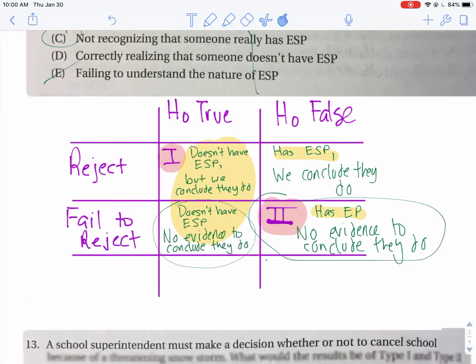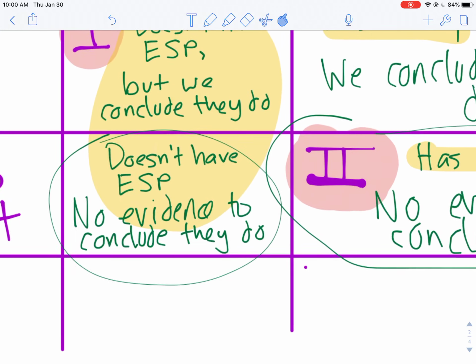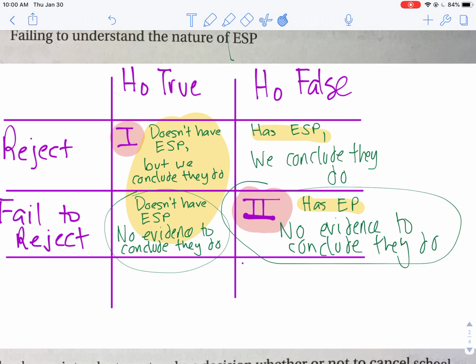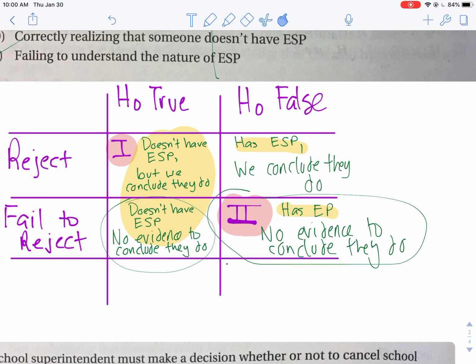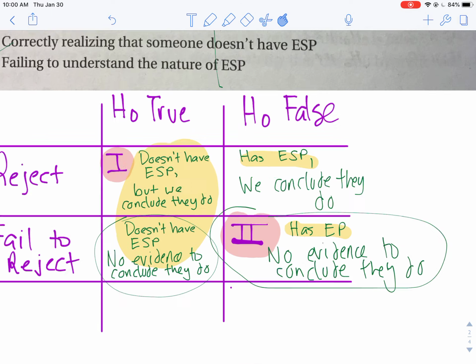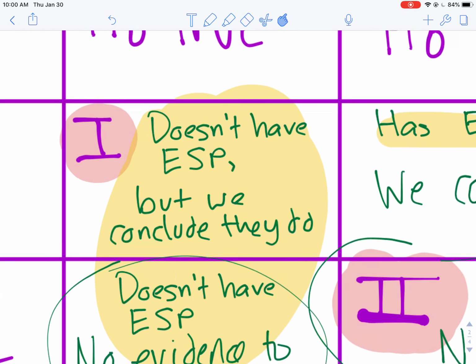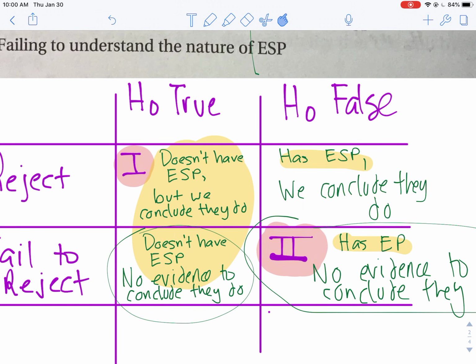Notice I filled that in for both of these. Failing to reject, no evidence to conclude they do have ESP. I filled that in for both here. By filling this in, it gave me an opportunity to see the context and how it might result in a type 1 or a type 2 error, just like here. It can be a bit helpful if you have a little trouble with the logic and the concepts of it. Hopefully this helps.